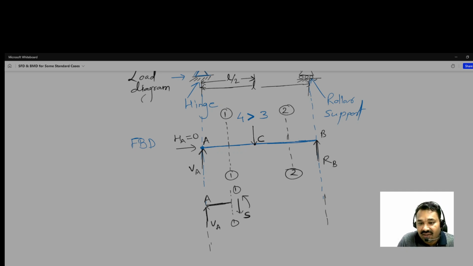So same for here, ठीक है. ये कौन सा हो गया आपका, ये 2. And see, shear is downward, so to counter that, shear upward, and moment anti-clockwise, so to counter that, the moment now clockwise.